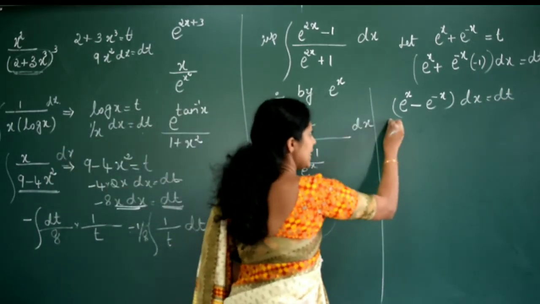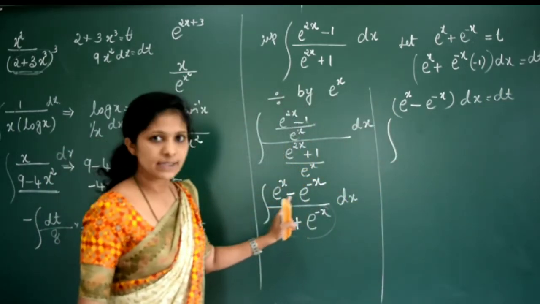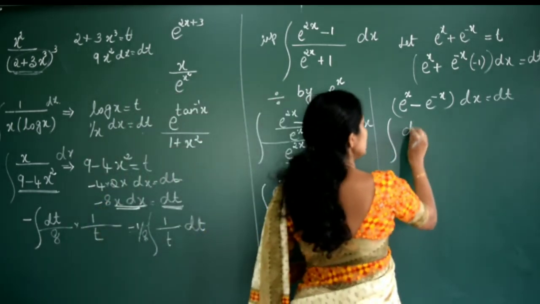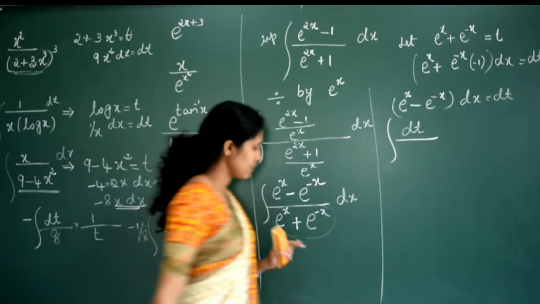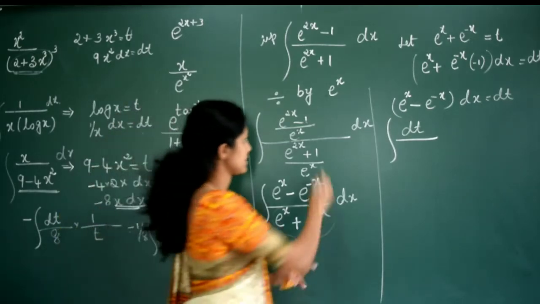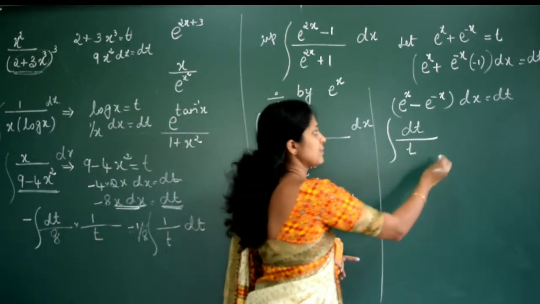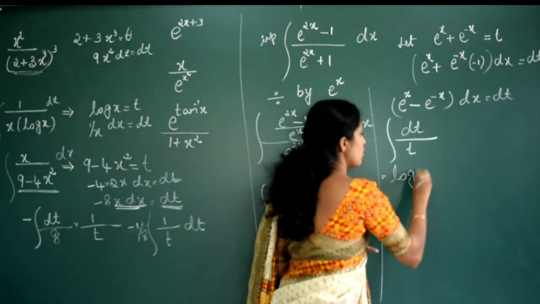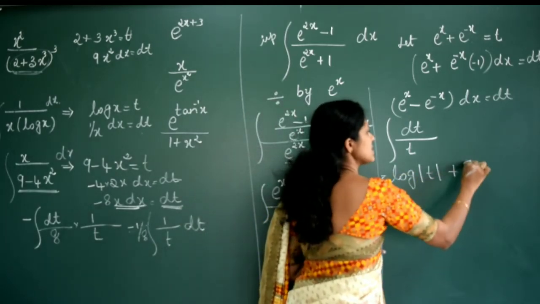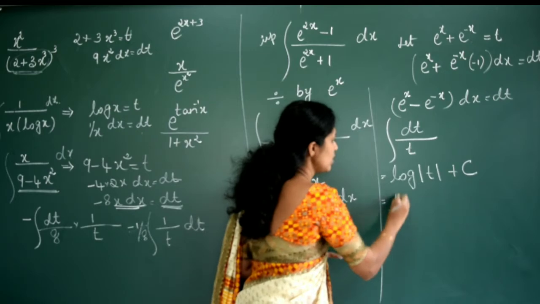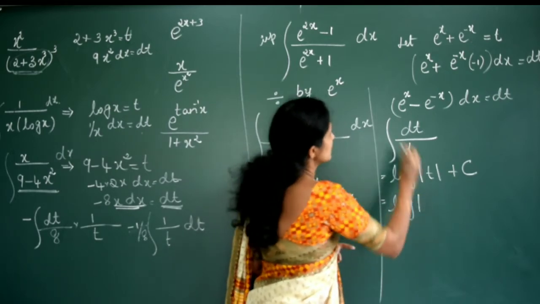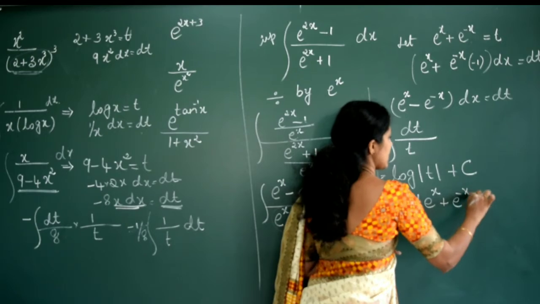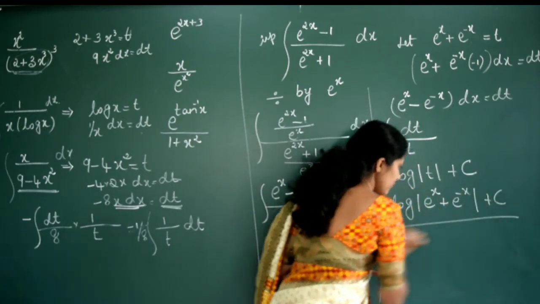This is now the integration of dt divided by e to the power x plus e to the power minus x. We have given the substitution as t. So the integration of 1 by t will be log mod t plus c. Finally substitute the value: log of mod t is log of e to the power x plus e to the power minus x plus c. This should be the final answer.